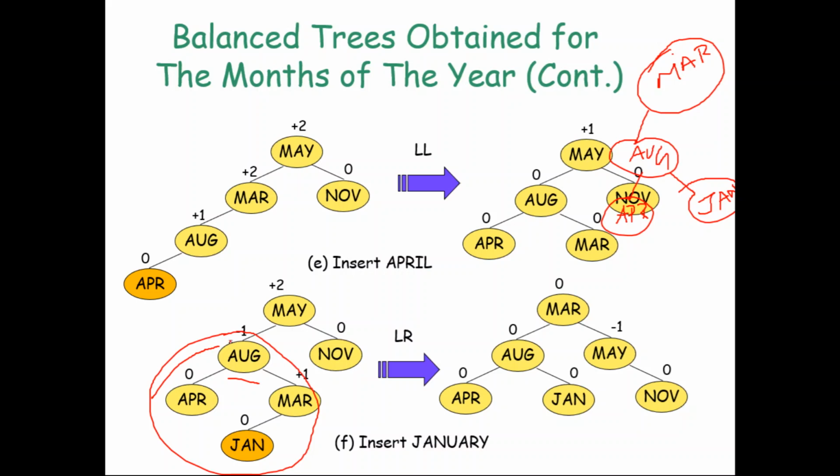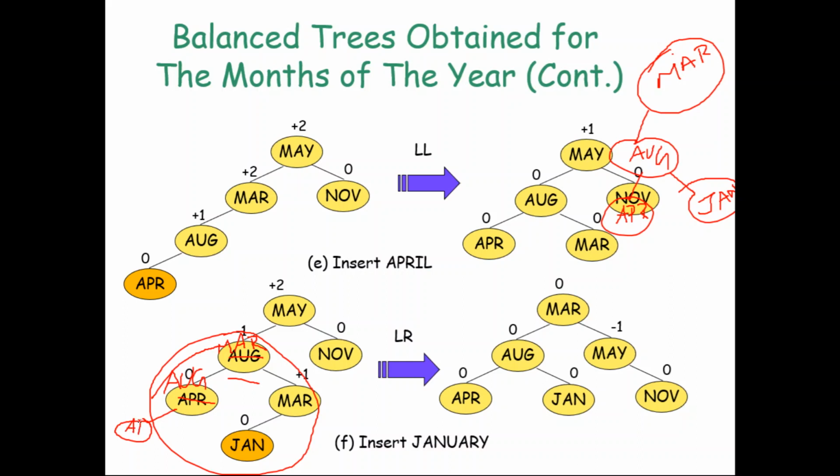Are you getting it? So instead of August here, it will be March. It is not August, it is March. The left child of March is August, and the left child of August is April.